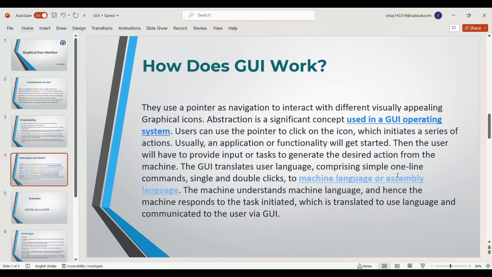The GUI translates user language, compressing simple one-line commands, single and double clicks, to machine language or assembly language. The machine understands machine language and hence responds to the task initiated, which is translated back to user language and communicated to the user via GUI.